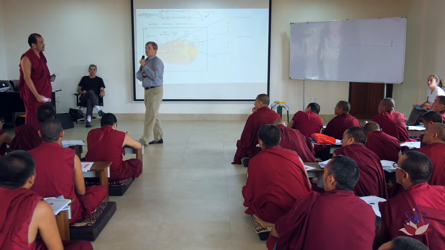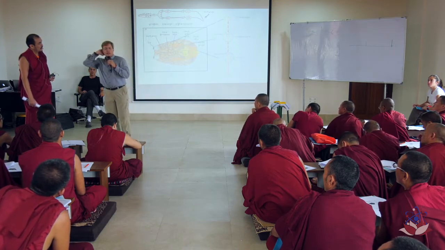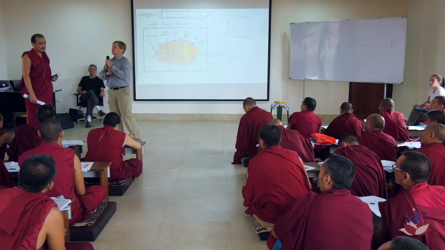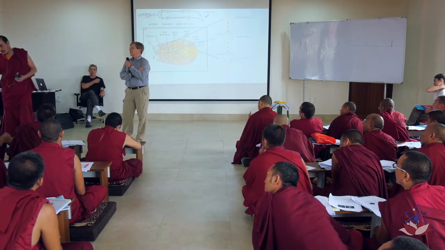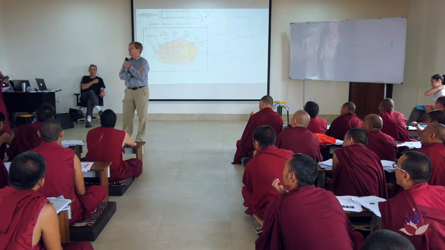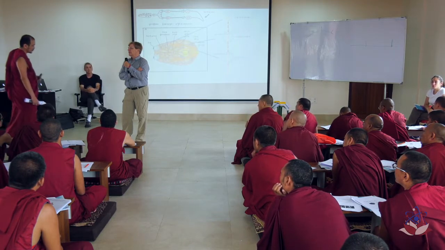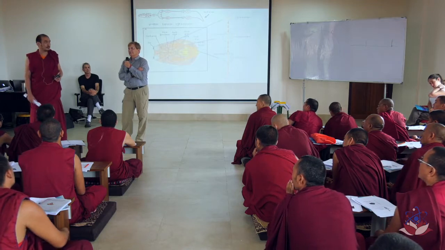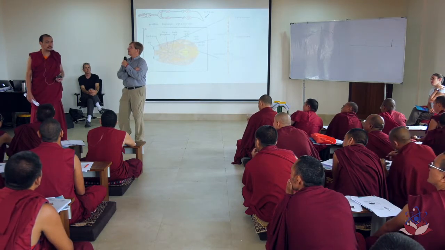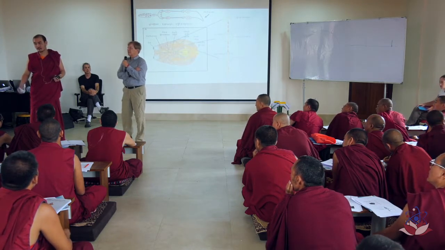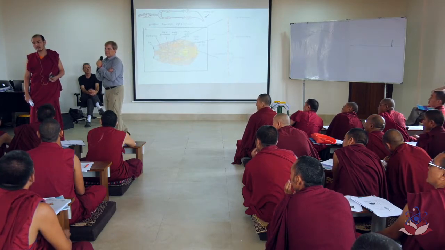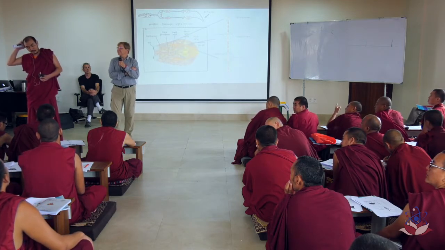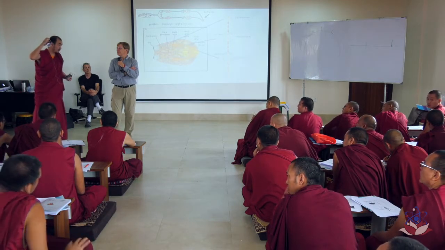Correct. What do you think will happen if I have a stroke and my visual cortex is damaged? So you won't be able to see things. So no dreams, no vision.